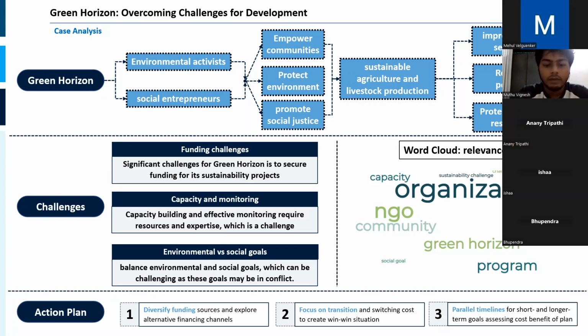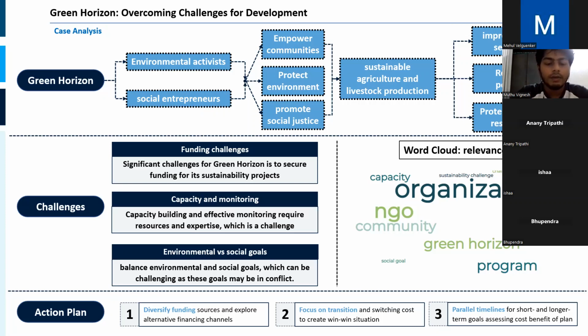The third one is environmental versus social goals. Among the social entrepreneurs and the environmental activists, in some situations people prioritize economic development, and some prioritize sustainable practices. So there is a conflict of interest.